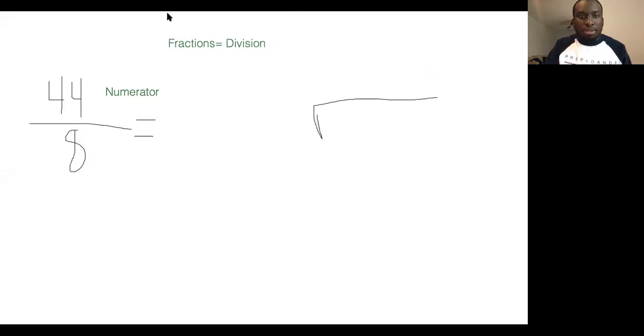I want to color coordinate the parts of my fraction so that everybody can have a clear representation of what each part is. So my numerator is now in green. My denominator is now in burgundy red. Yes. So now I have my division house.